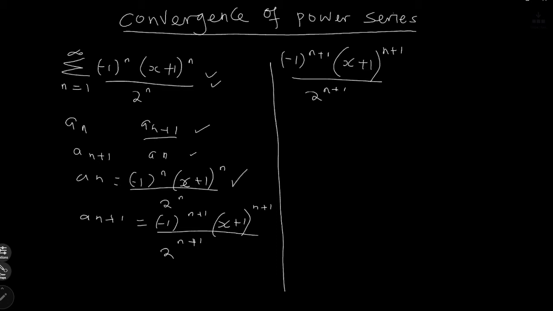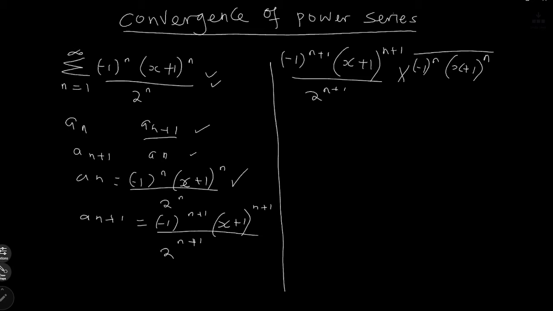And our a_n is negative 1 raised to n multiplied by x plus 1 raised to n, divided by 2 to the n.